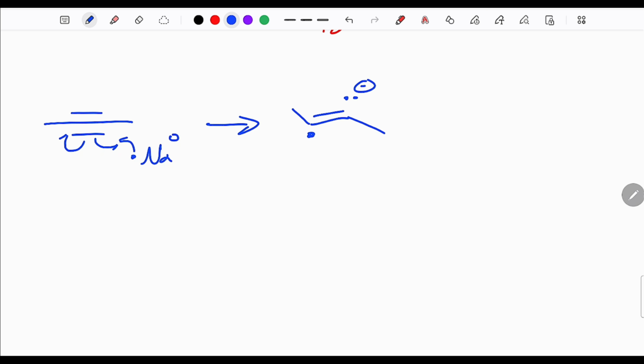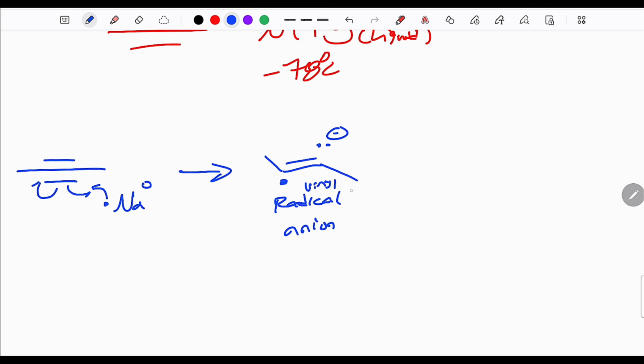Why is there a carbanion here? Well, that's because of this. So now I have a vinyl radical anion. A vinyl radical anion is very basic. It's extremely basic. So it will attempt to deprotonate our ammonia.